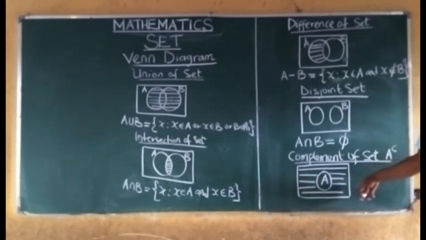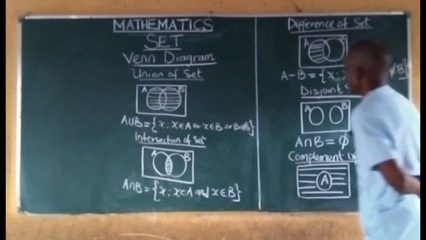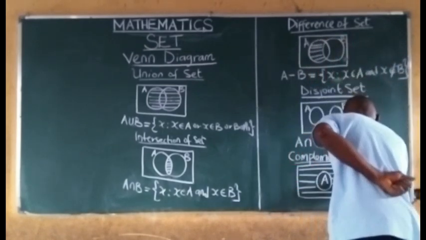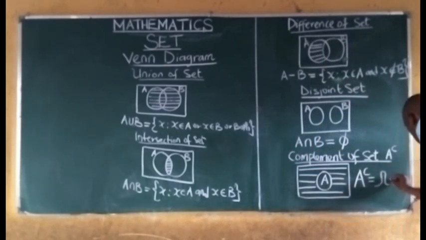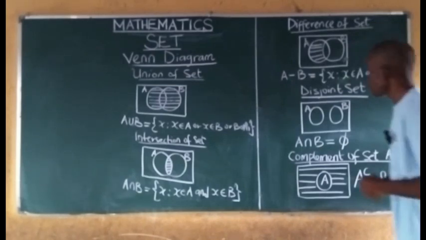The complement of set A can be represented in this form and can be written as A complement is equal to the universal set minus A. So this is how the complement of set A can be represented.